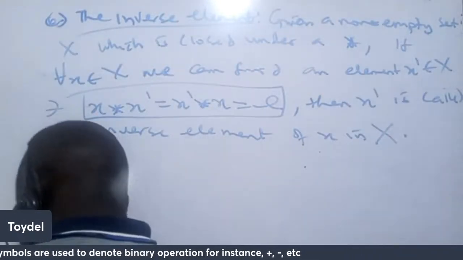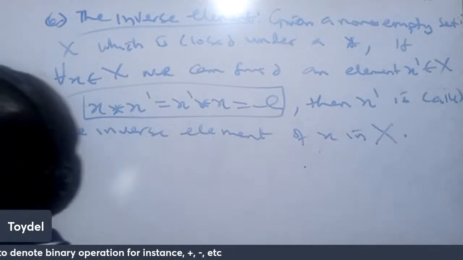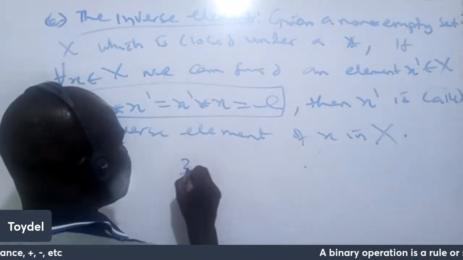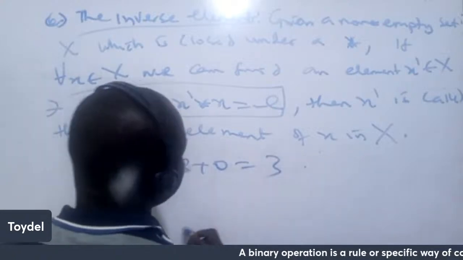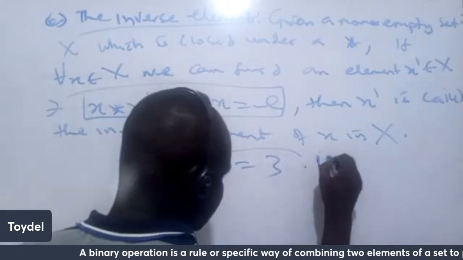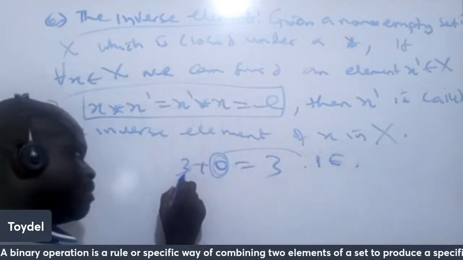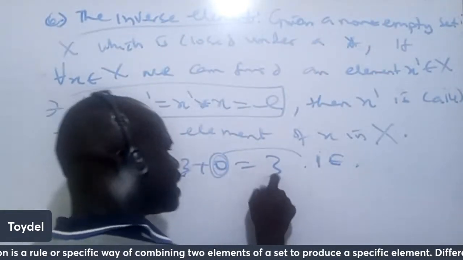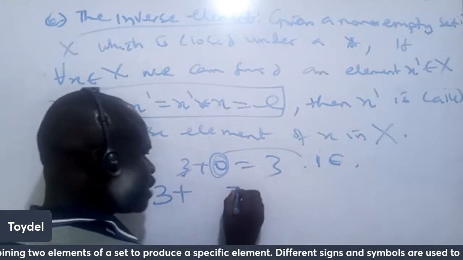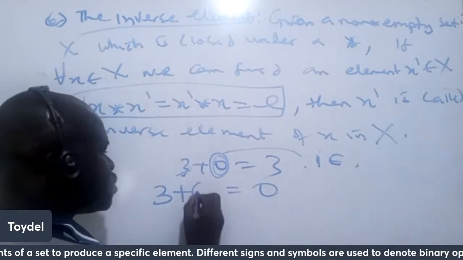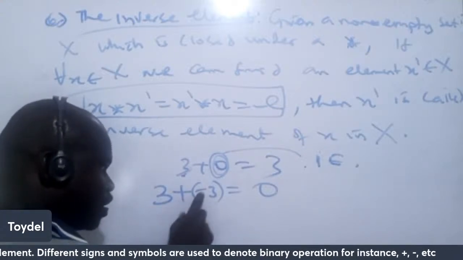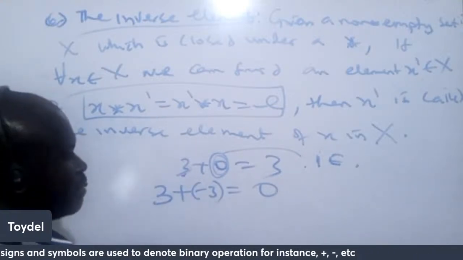So for instance, if you have 3 plus 0, it's 3. It simply means that this 0 is the identity element for this element 3. Then how do I get the inverse element? The inverse element is what I'm going to operate with this 3 under addition that's going to give me the identity. So in this case, it will be minus 3. So the inverse element under addition is just the negative of that element.